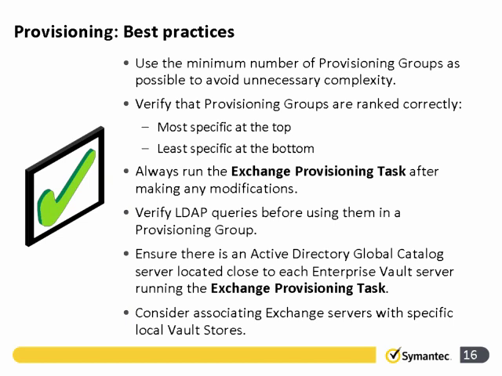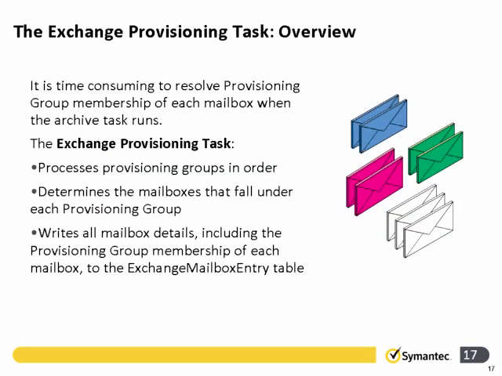So we're not saying to assign a global catalog to a particular EV server, but when we're talking about Active Directory sites, you want to have a global catalog in the same Active Directory site as the Enterprise Vault server to try to expedite those lookups. We also recommend specifying individual Exchange servers to specific Vault stores for organizational purposes when you're setting up the provisioning groups.